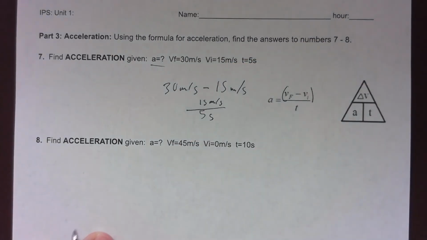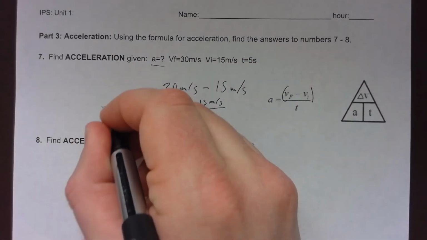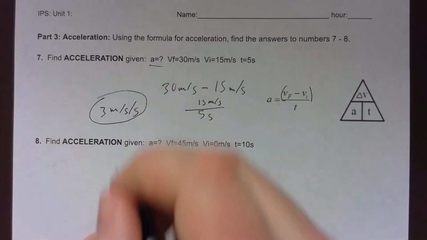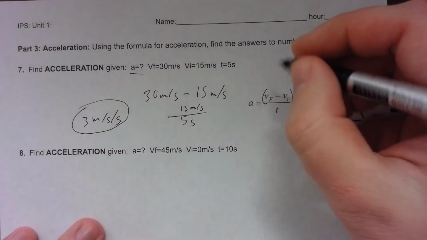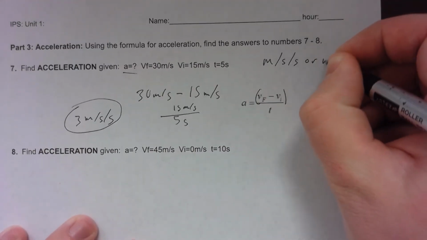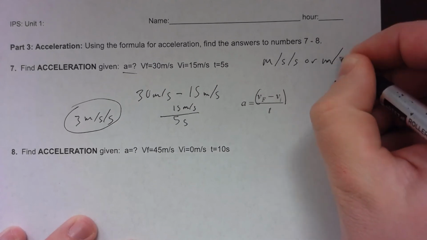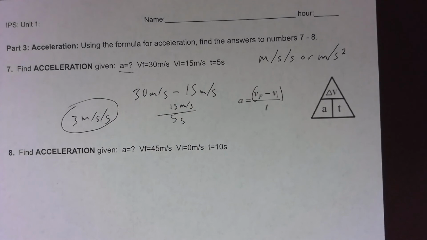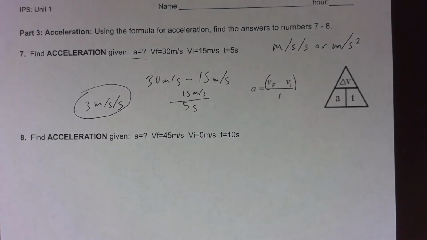So that gives me an answer of 3 meters per second, or per second squared. So remember, acceleration is always in meters per second squared. All right. At least that's the way I will give you all the questions.